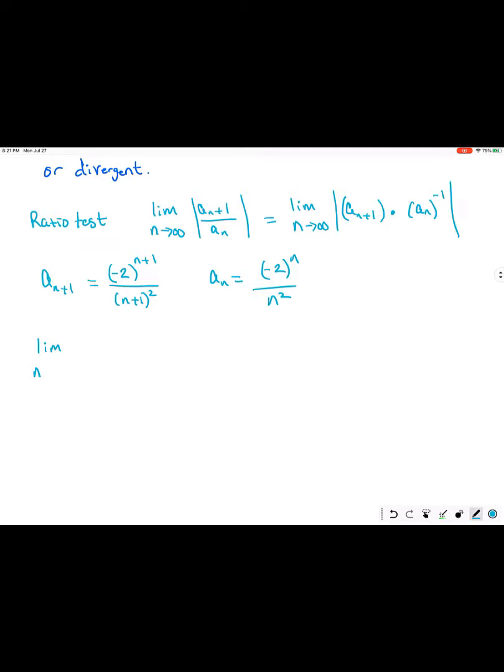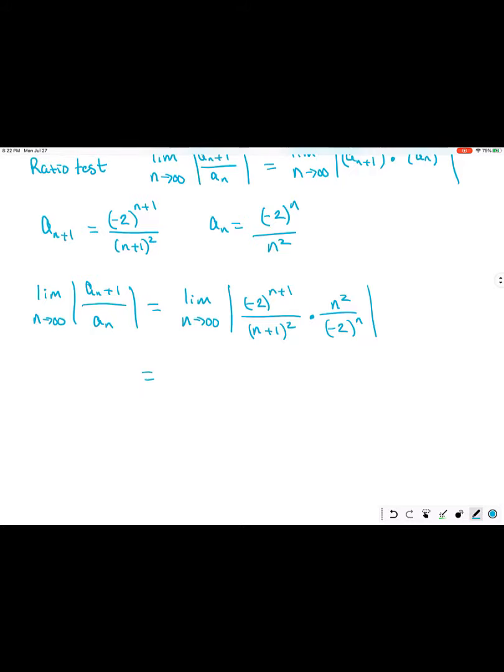So now I have to find the limit as n approaches infinity of a sub n plus 1 divided by a sub n, take its absolute value, and that's equal to the limit as n approaches infinity of minus 2 raised to the n plus 1 divided by n plus 1 squared, multiplied by the reciprocal of a sub n. And the reciprocal of a sub n is n squared divided by minus 2 raised to the n. And all of that, of course, is inside the absolute value.